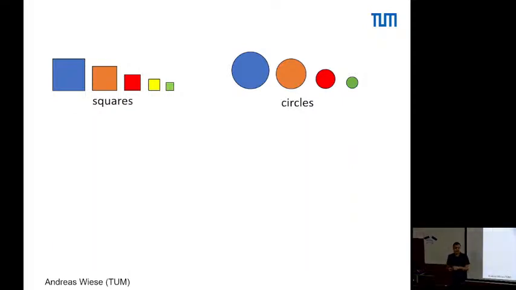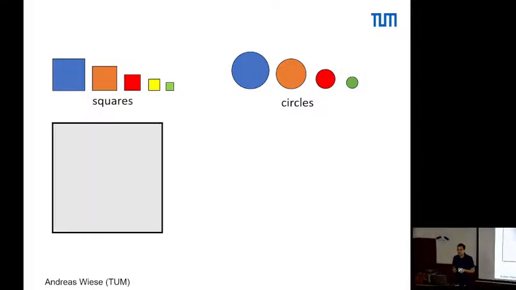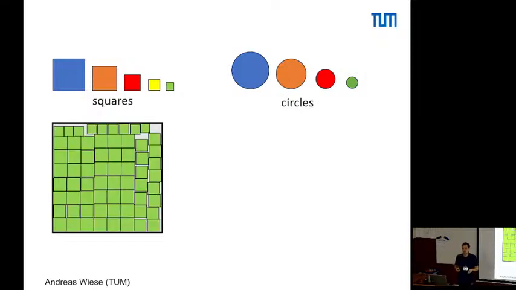However, there's also, for example, some other geometric problems like independent set of objects, where there's an algorithm for squares that translates directly to circles, actually without any major modifications. However, in our setting, some things are a little different because if you have small squares, then you can actually fill the area of the knapsack almost perfectly up to some part at the boundary.